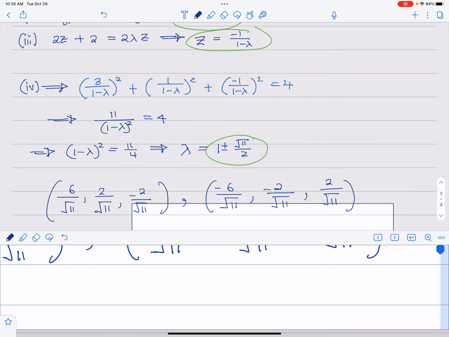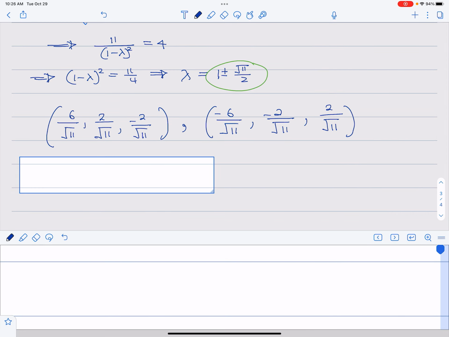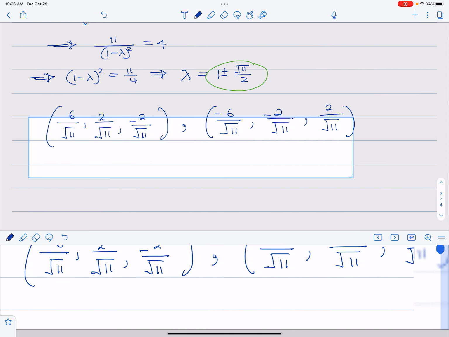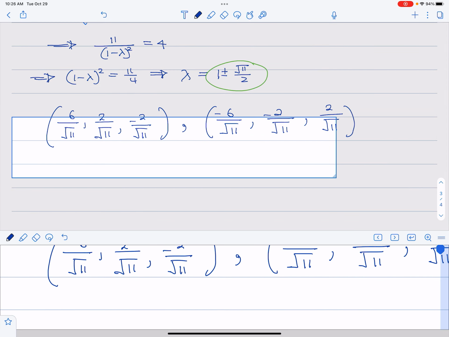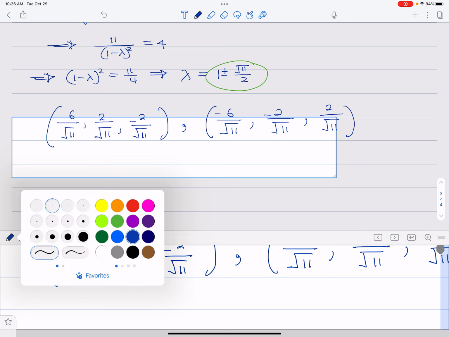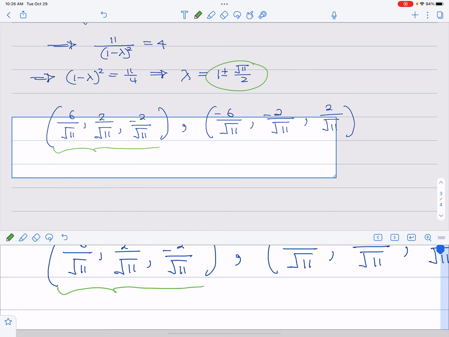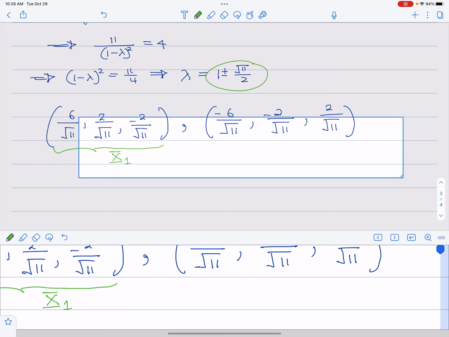All right, to finish this problem, let's give these a name. Let's call this capital X1, and let's call this capital X2.